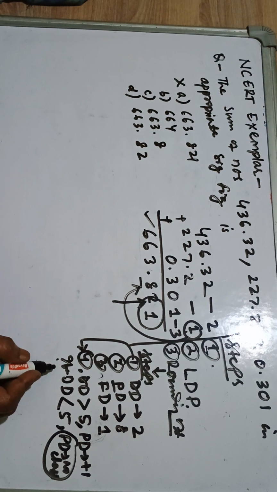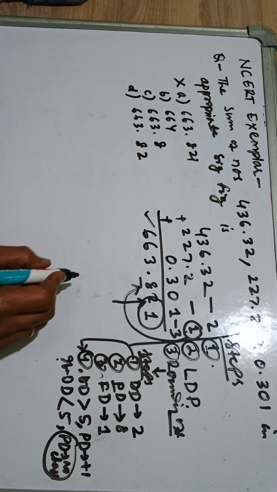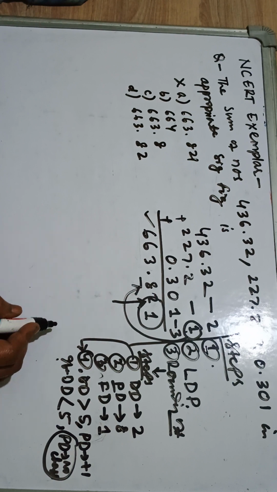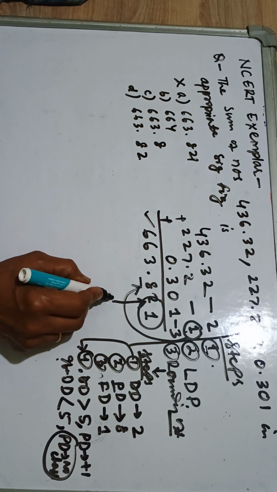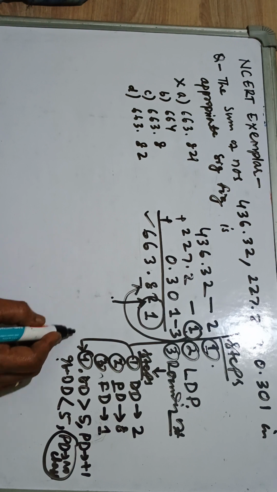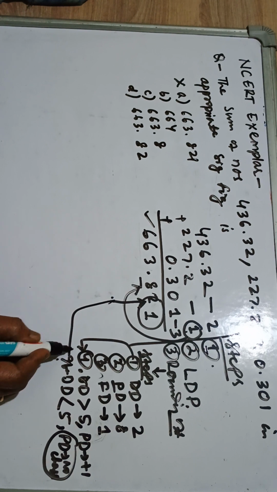In our case, this is the DD, and DD is less than 5. Hence, in our case, DD is 2 and that is less than 5.